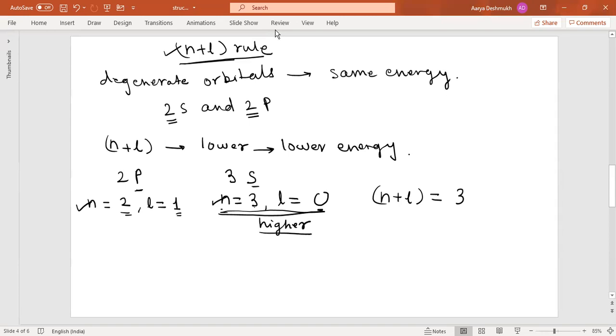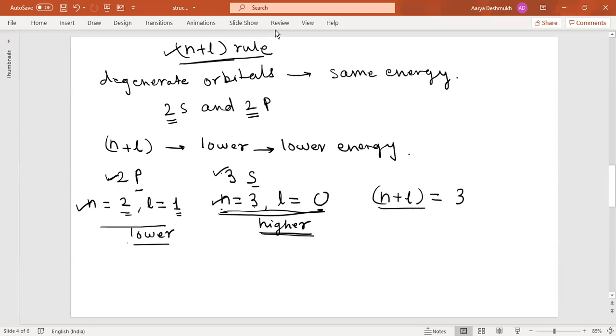Why are we supposed to know which one will have the higher energy and which one will have the lower energy? While writing the electronic configuration, which orbital should be filled first, whether 2s or 2p or 3s, this should be very clear to you. The one with the lower energy will be filled first and then we'll go to the orbital with the higher energy.